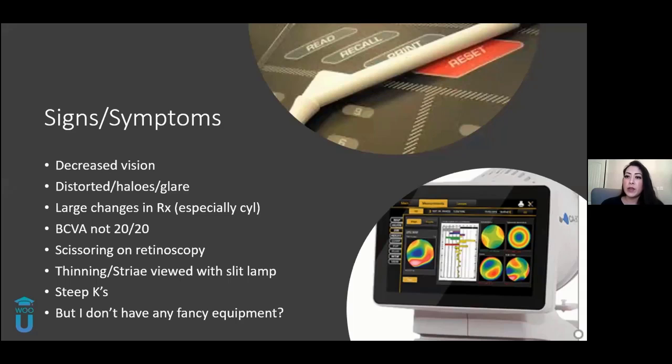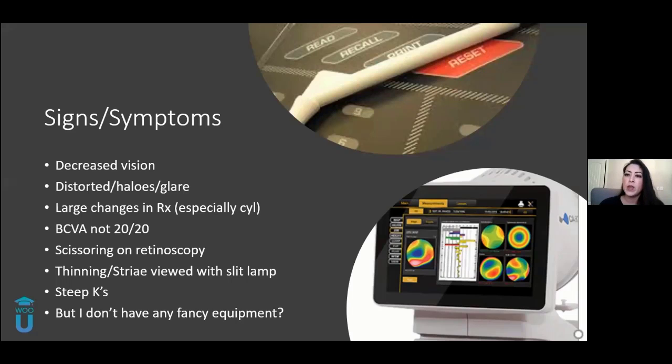So this is something that I think is very, very important, because a lot of practitioners think to themselves, shoot, I don't really know how to diagnose keratoconus for sure, because I don't have a lot of this fancy equipment. So here are a few pearls to keep in your head.